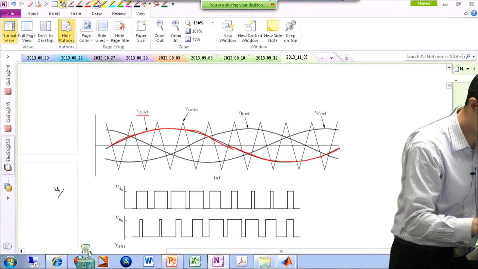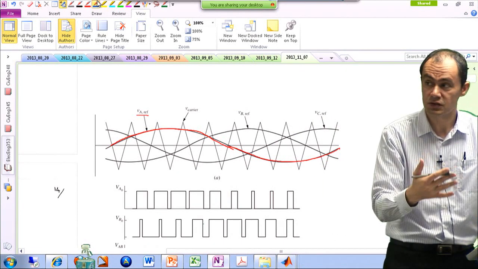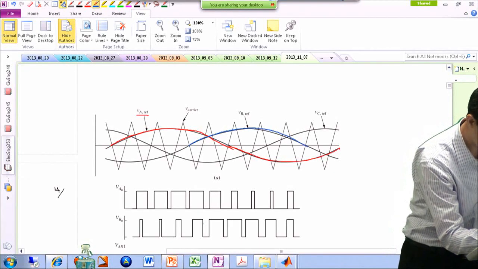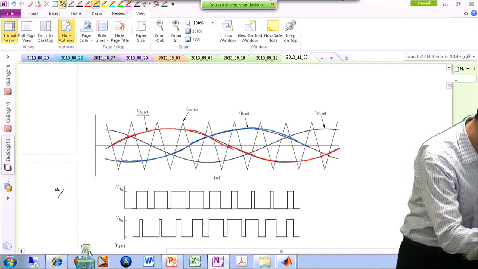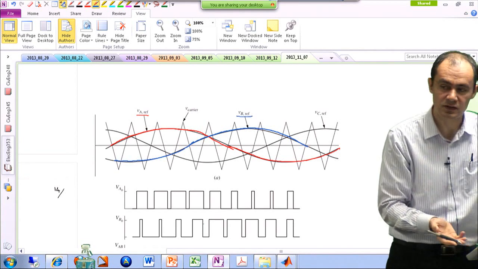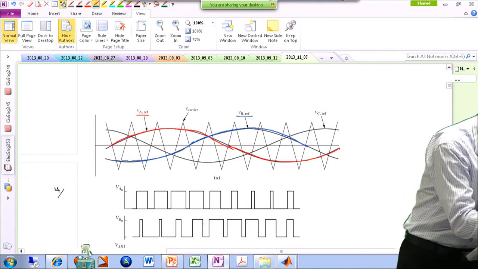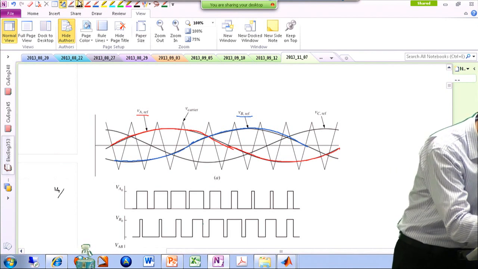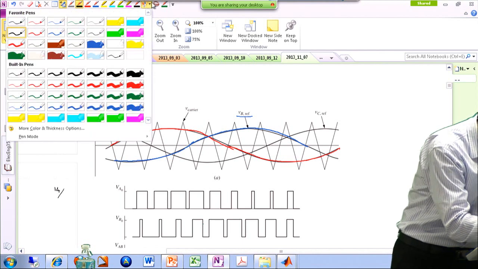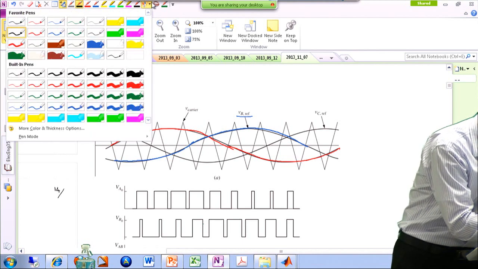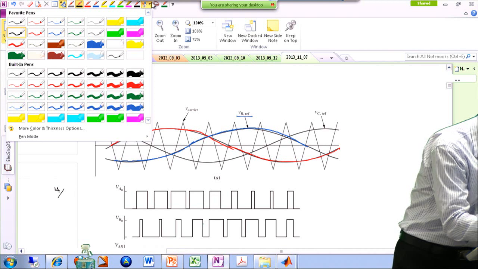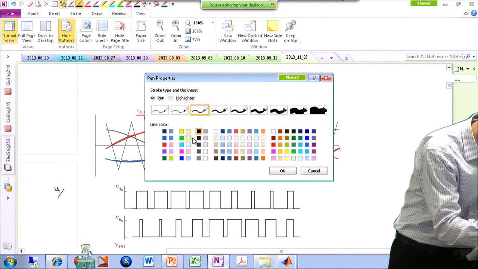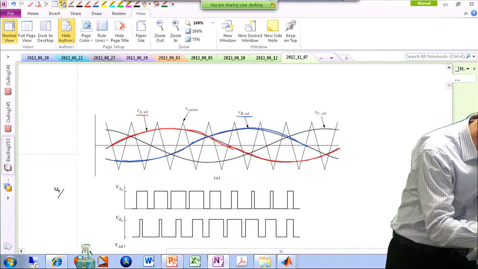Then you have phase B reference, which is, because it's a 3-phase system, 120 degrees behind phase A. And obviously it says phase B reference. And then you have, let me use yellow, although yellow doesn't look very good.